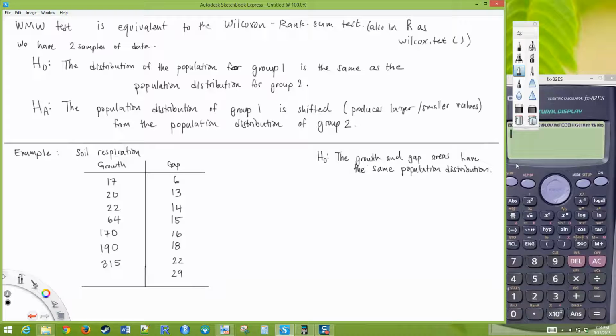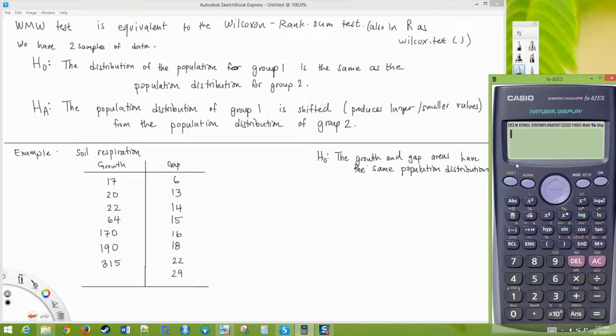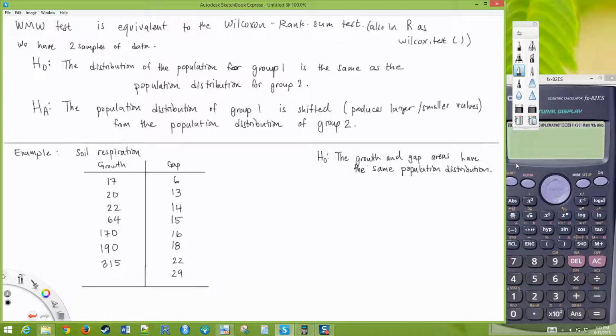Can we only talk about population distribution, or are there other things that we can talk about? Yeah, for this test, we're just talking about the population distribution. I don't know that many non-parametric tests myself, but I'm sure there are non-parametric tests that try to talk about the spread of a population.